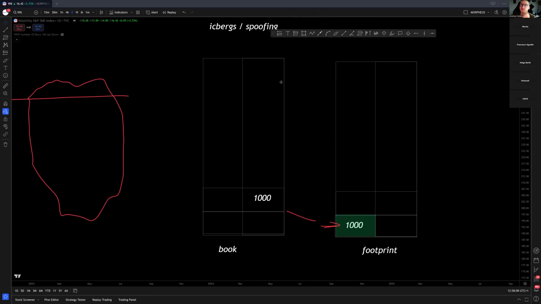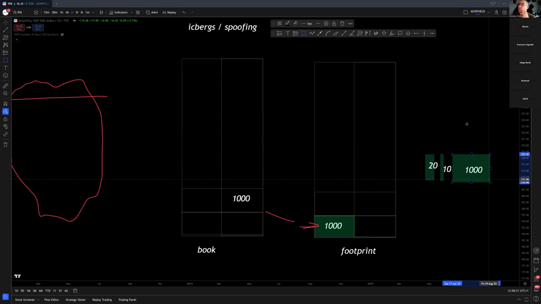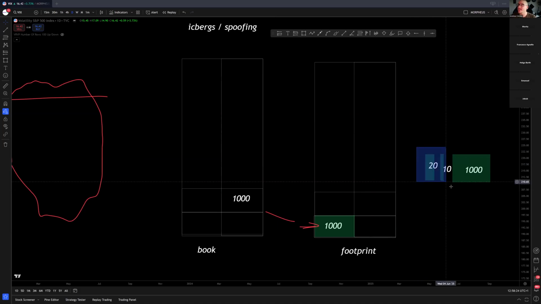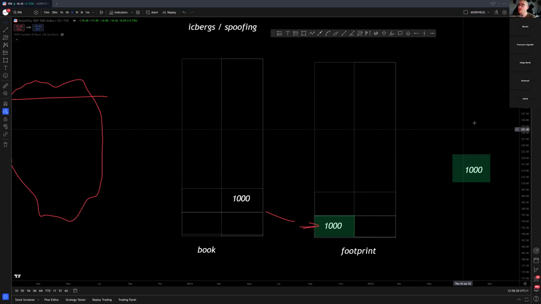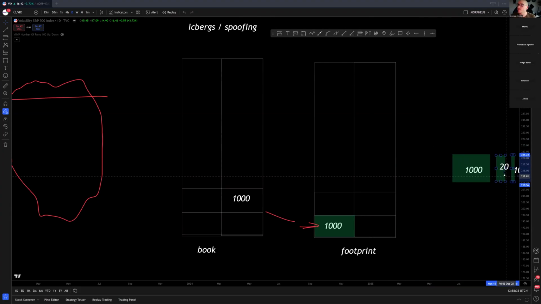Because as I told you, in a chronological way, let's say there are maybe 20 contracts in front of the queue. And then he puts his 1,000 contracts here. If these guys get executed, now it's up to him. But probably he will have other people in the queue.